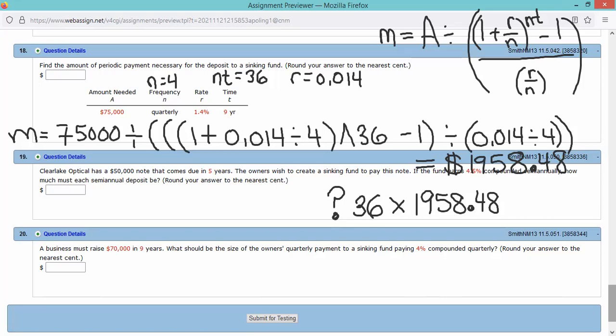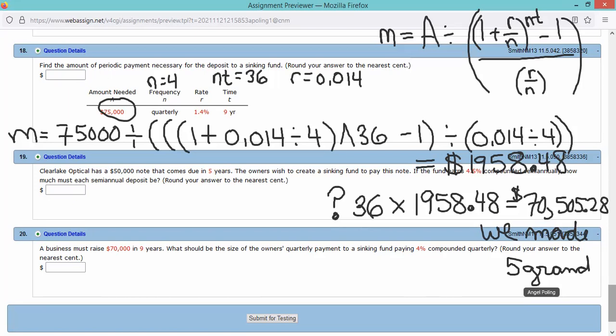It's 70,000. So we made $5,000. Not too bad, right? It's all right. It's a low interest rate, but it is 4 times a year, so.